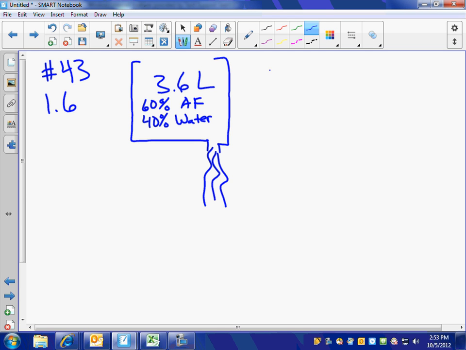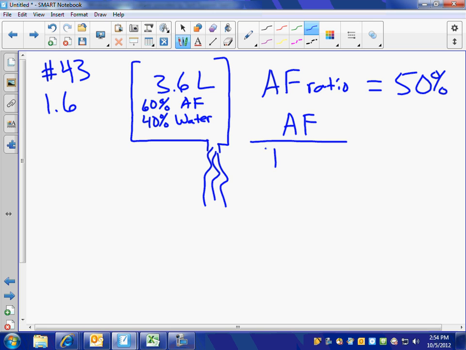It says antifreeze should be 50%. Well, the antifreeze ratio is going to be the amount of antifreeze divided by the total amount of fluid in there. That should equal 1/2.